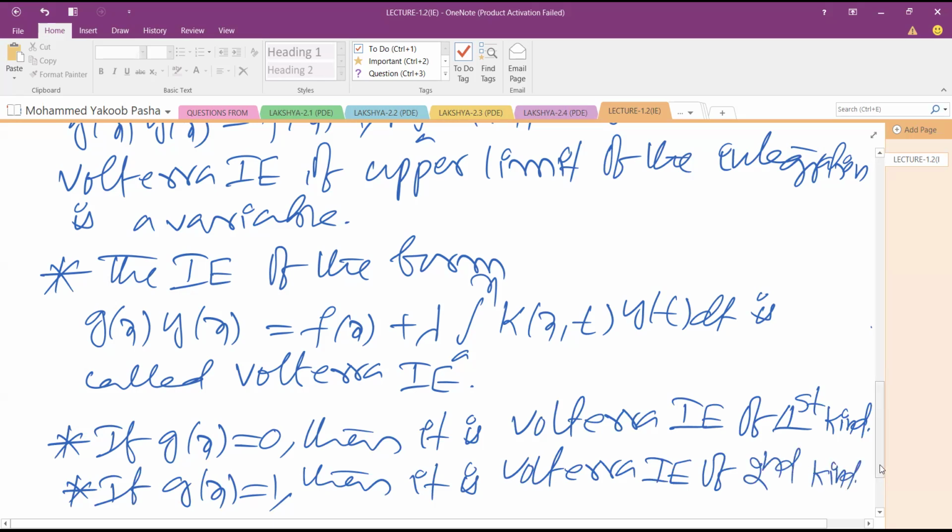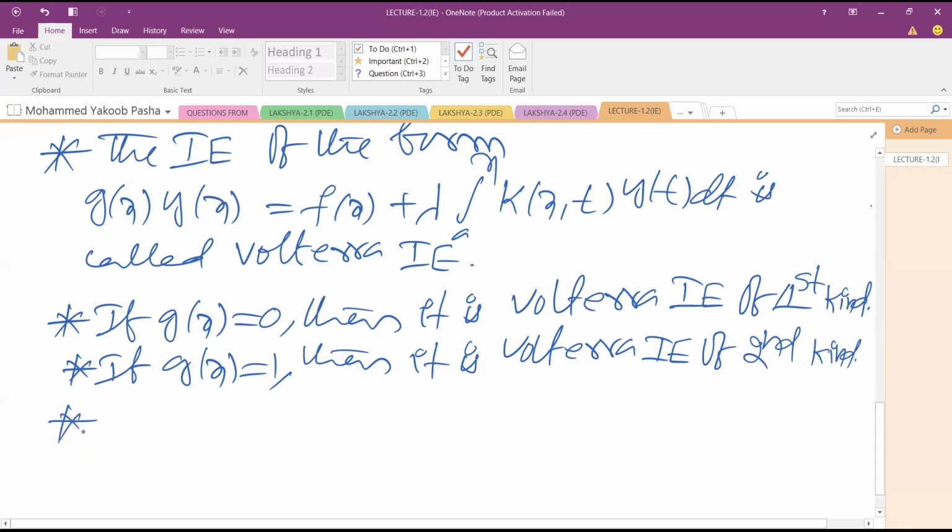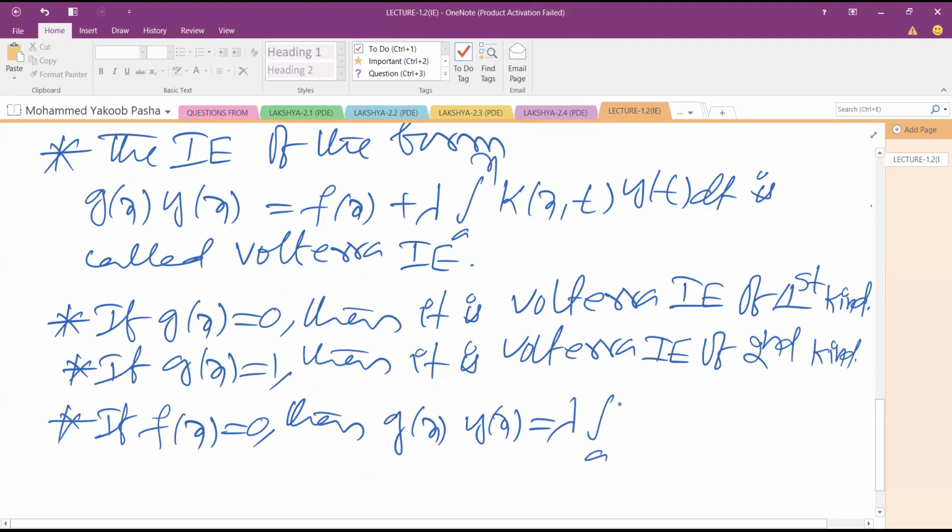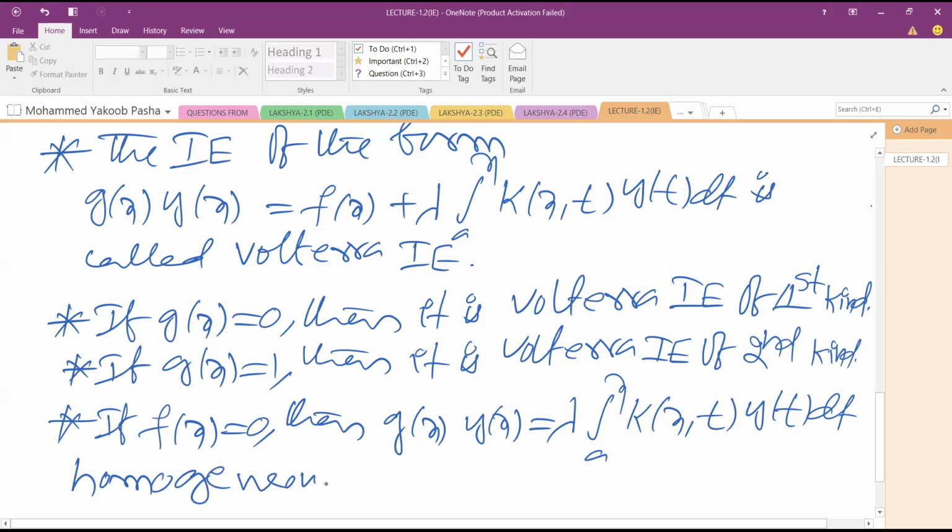Similarly, when f(x) is equal to 0, the equation is g(x) y(x) = lambda integral a to x of k(x, t) y(t) dt. This is called the homogeneous Volterra integral equation.